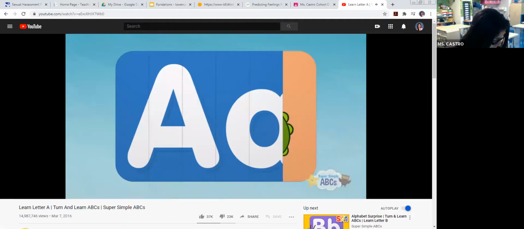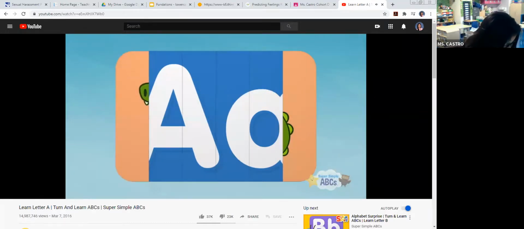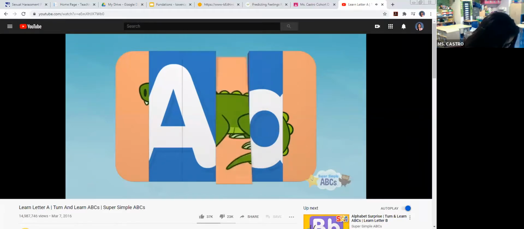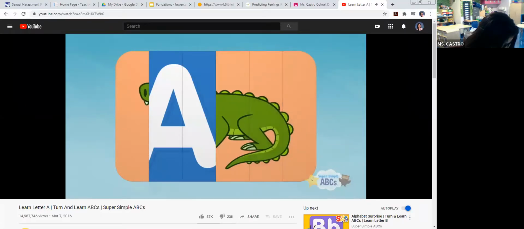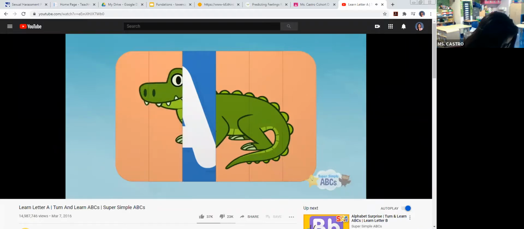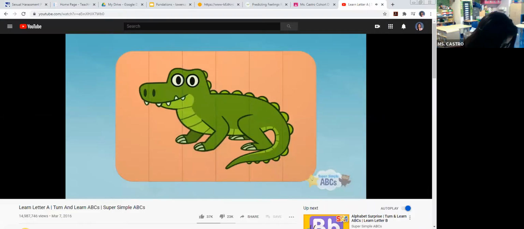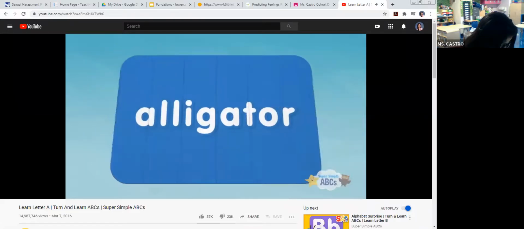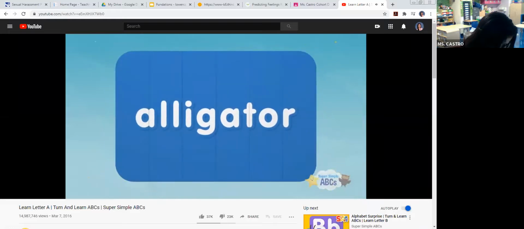Something green? This one's tricky. This might be an animal. Those look like legs. That's definitely an eye. Alligator. Alligator starts with the letter A.